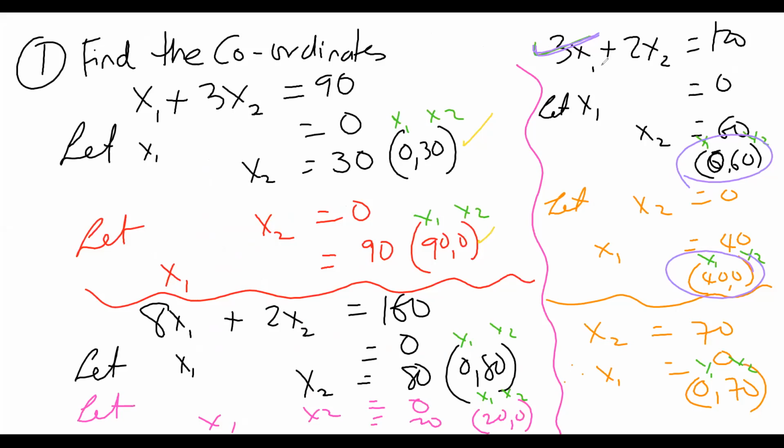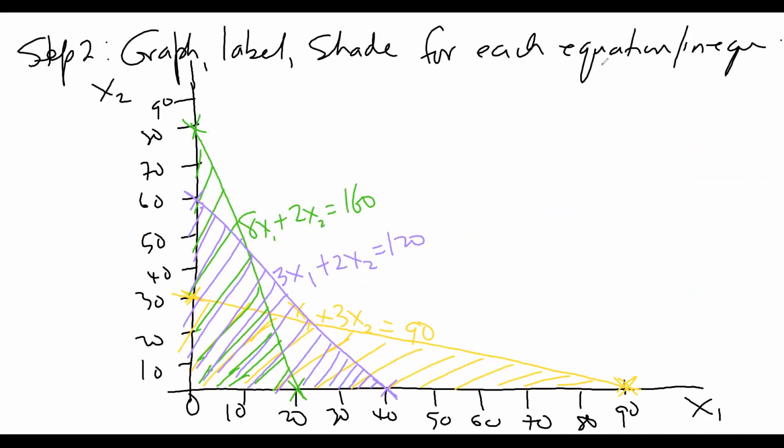X1 is 0 and x2 is 70, right there. But it is only one point. What it means is that whatever the value of x1 is, x2 must always be 70. So this line is x2 equals 70.